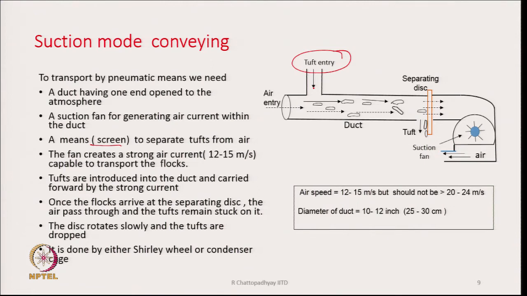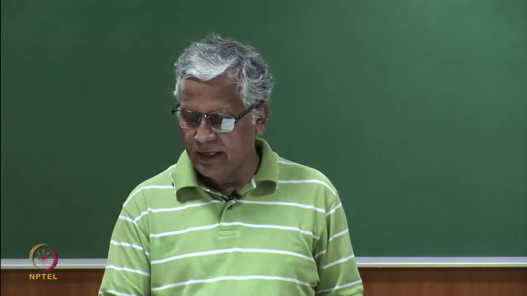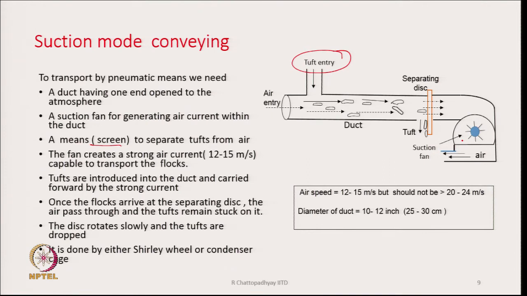Now, once the flocks or the tufts arrive at the separating disc point, the air will pass through the perforation. A separating disc we will discuss also, there are a lot of perforations within it. So, through the perforations the air can escape, and then they will exit from the duct. If the air contains some dust, dust will also escape through the perforations. But these flocks or the tufts will be settling on the separating disc.